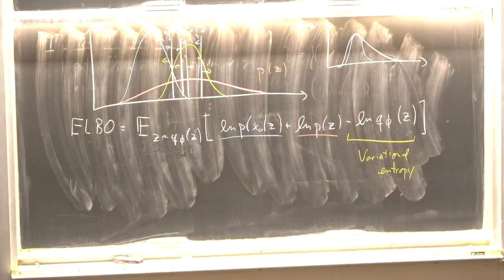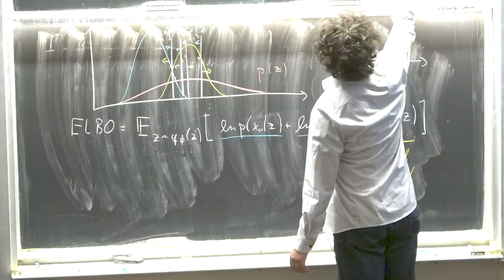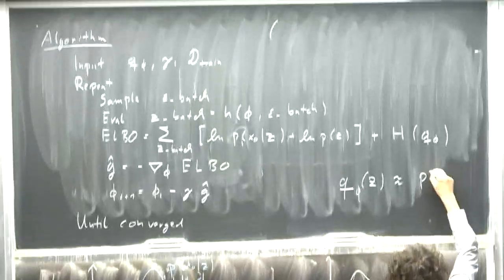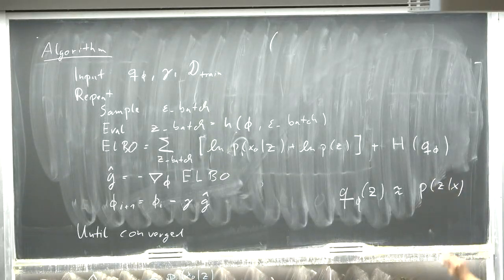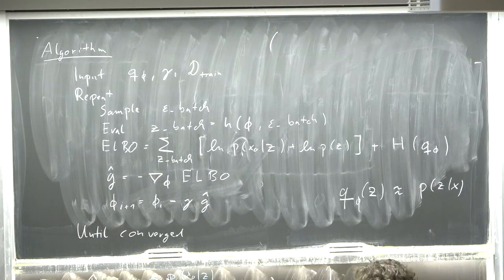Just as a reminder, the goal is really to find a fit for this function such that it becomes similar to the posterior, right? That's the underlying goal. And starting from that, using the KL divergence, which is also relative entropy, we arrived at this expression here.